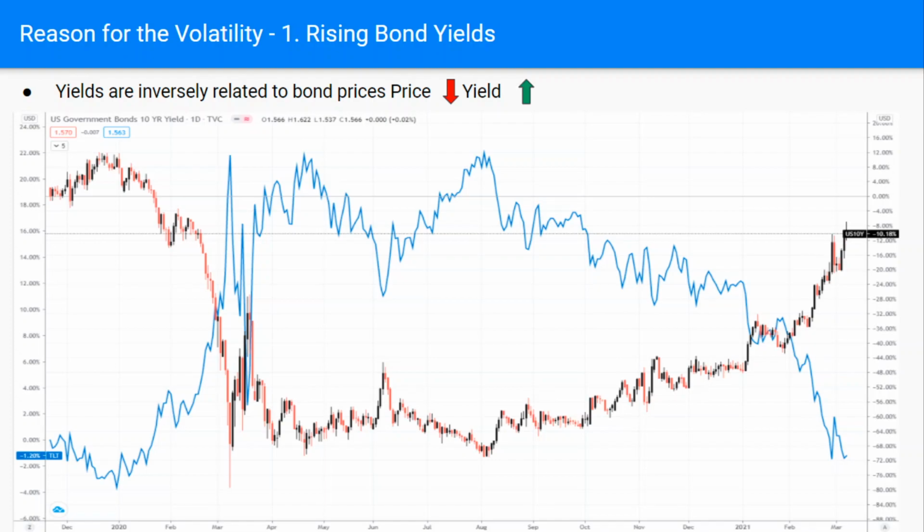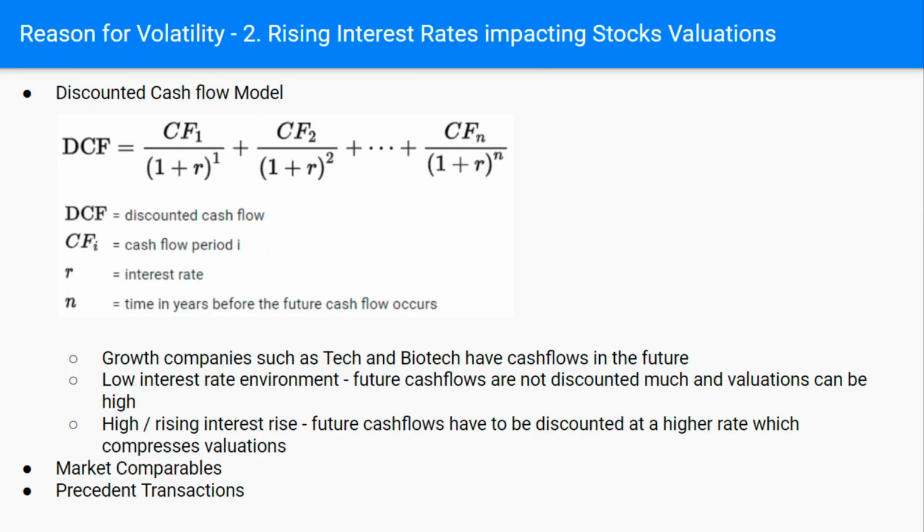Now, how does this impact stocks and what does this have to do with stocks? That's reason number two. So one of the traditional ways to value stocks is using a discounted cash flow model.